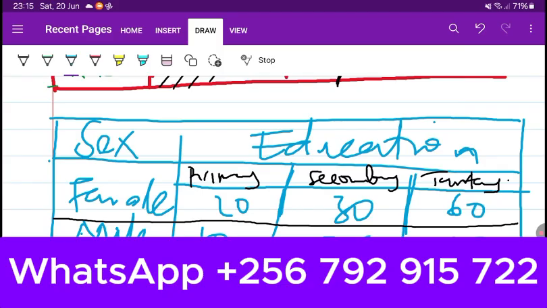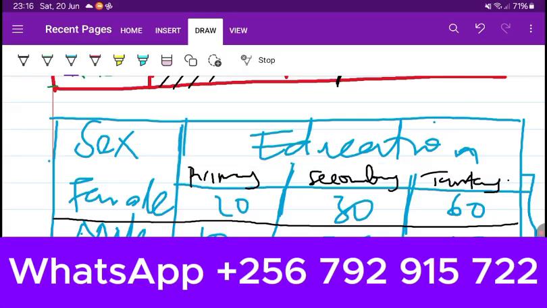Then here I can have the totals if the information is presented in that manner. Of course, here we'll have a 30, this one will have a 55, then this one will have a 100. You can also have the totals this side, whereby you are having the column 4. So the table will actually look like that.